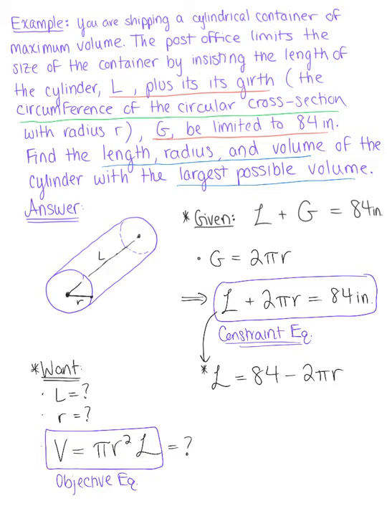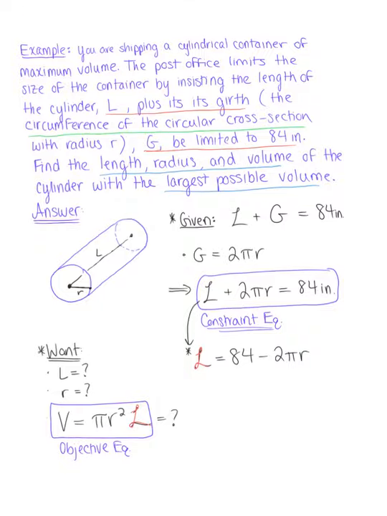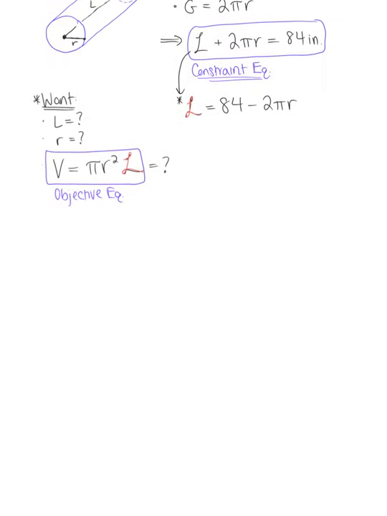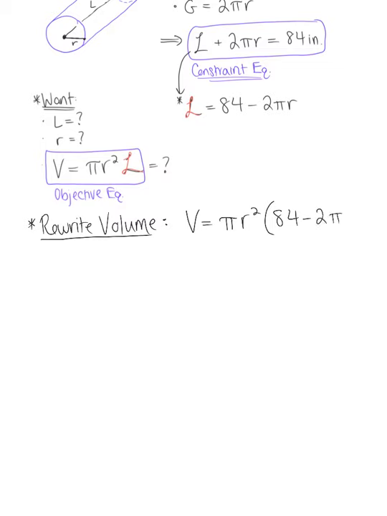And we can now replace the L of our volume equation with the length from our post office's restriction. So we can now rewrite the volume: volume is equal to pi r squared multiplied by 84 minus 2 pi r.